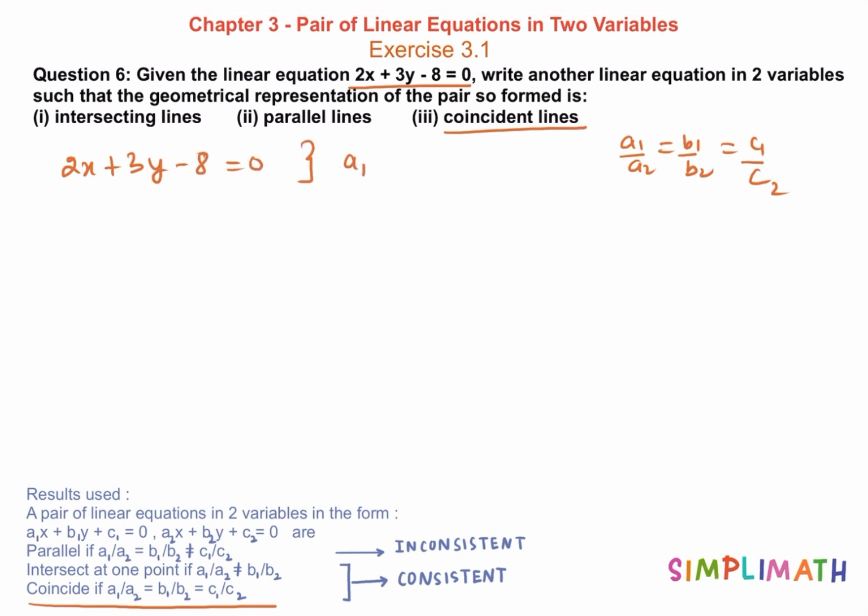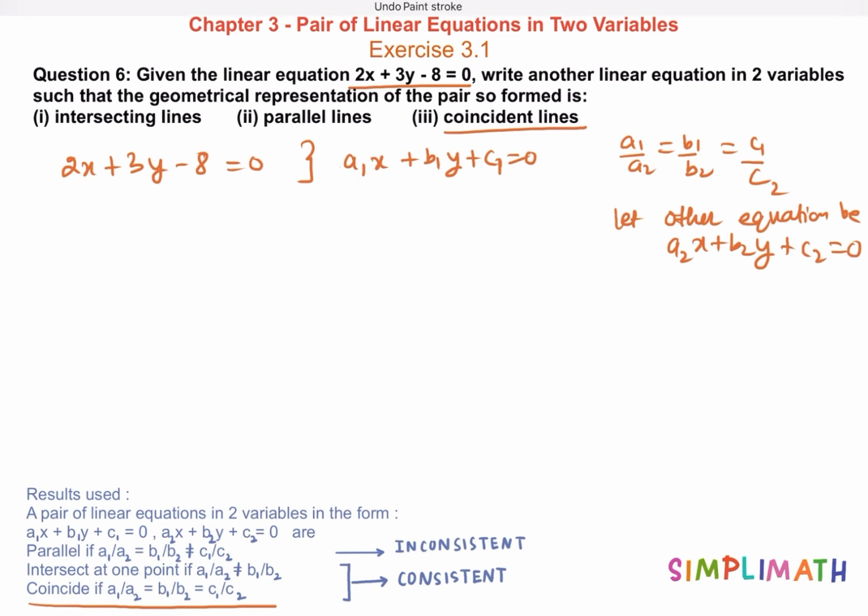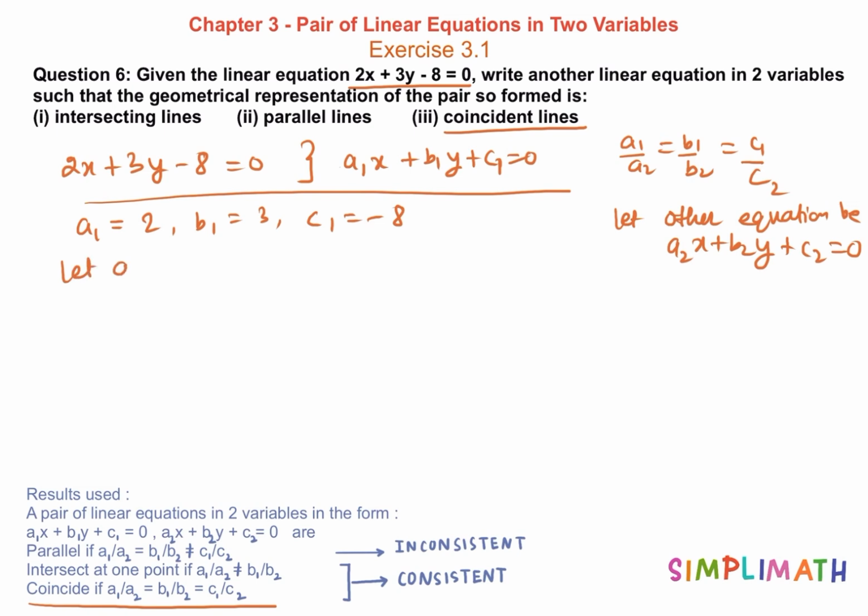Now when we compare this equation to a1x plus b1y plus c1 equal to 0, and let the other equation be a2x plus b2y plus c2 equal to 0, right? Now from here we can say that a1 equals 2, b1 equals 3 and c1 equals minus 8. Now let us assume a2 equals, let's say, 4.